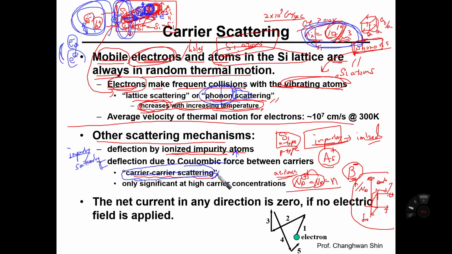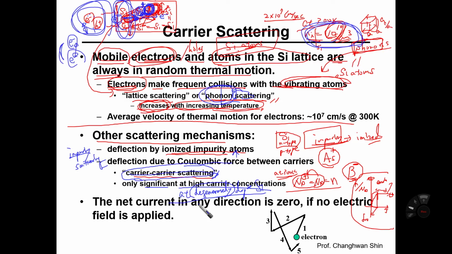This carrier to carrier scattering is very significant at high carrier concentration, meaning in degenerately doped silicon material, and you know the meaning of degenerately doped. It means a very heavily doped silicon material, where electron-electron or hole-to-hole scattering can happen significantly, because the total number of electrons and holes is huge.